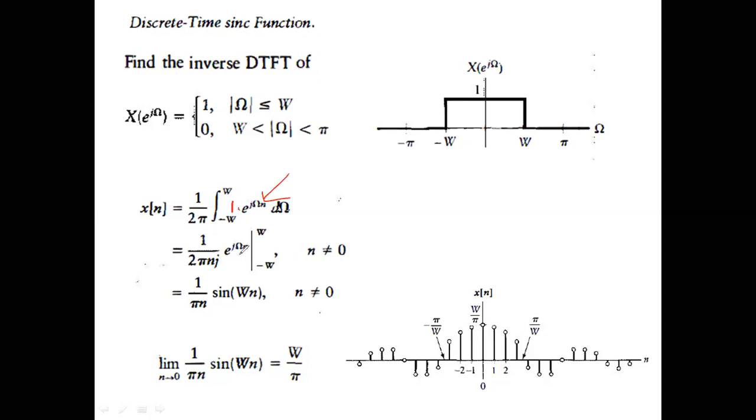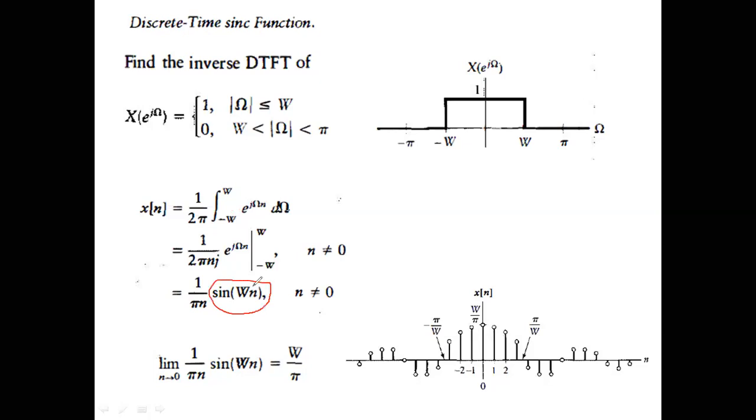And what would I have got, by the way? This would be something like e to the power jWn minus e to the power minus jWn, divided by 2j, divided by pi n. So e to the power jθ minus e to the power minus jθ divided by 2j is nothing but sine θ.